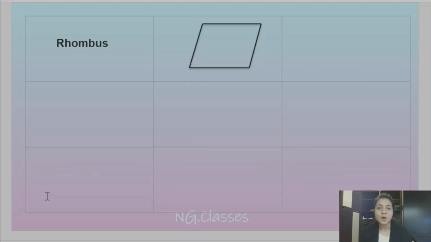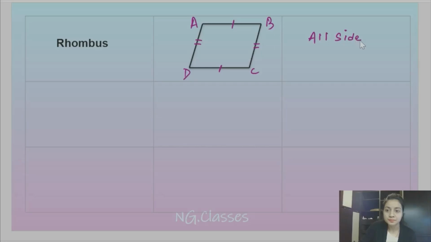Now rhombus. A rhombus is a special kind of parallelogram. So what is the property of a parallelogram? Opposite sides are parallel as well as equal. So AB is parallel to CD and AD is parallel to BC. But for a rhombus, all the sides are the same, as well as opposite angles being equal, like a parallelogram.